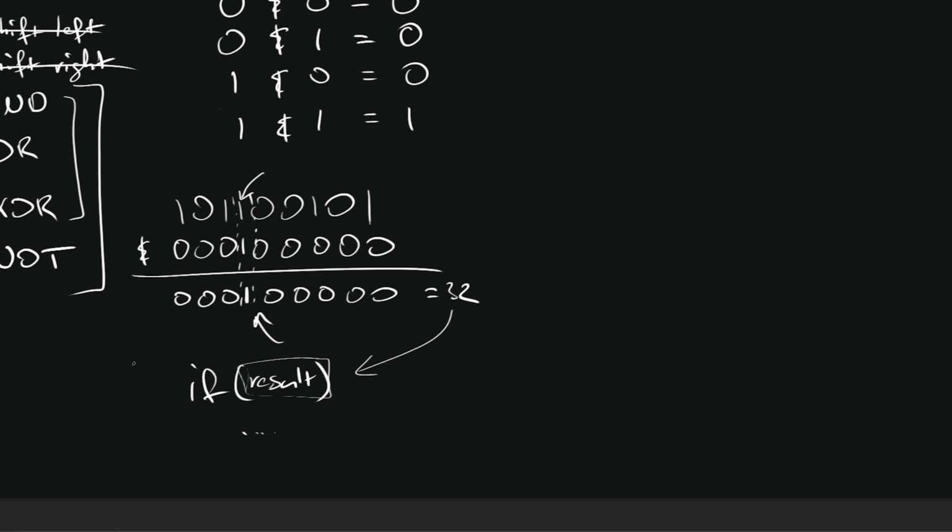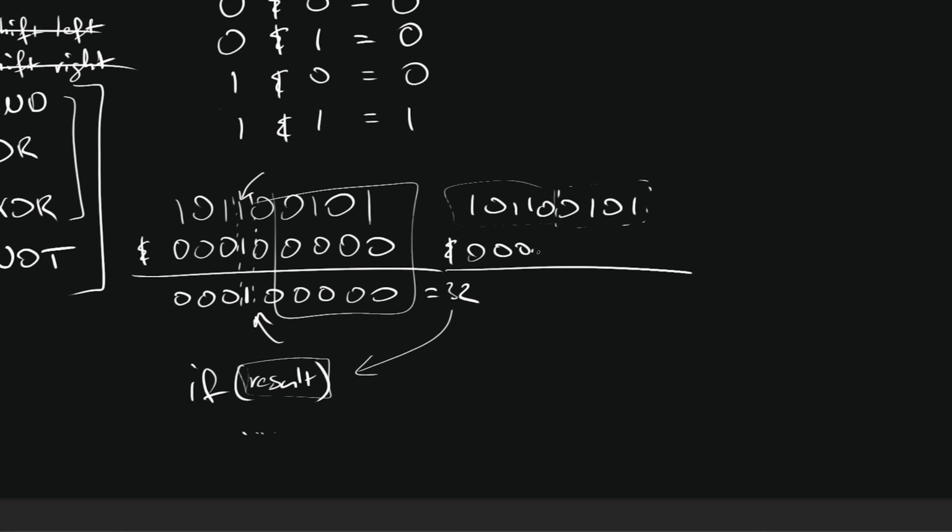And of course, this masking situation works for other use cases, not just checking the state of a single bit. For example, I could use it to literally select a whole group of bits or clear a group of bits. So if I take that same number that I had over here and pop it here, if I want to just isolate this group over here, or maybe I want to clear this to 0, then all I have to do is AND this with 0, 0, 0, 0, 0, and then 1, 1, 1, 1.